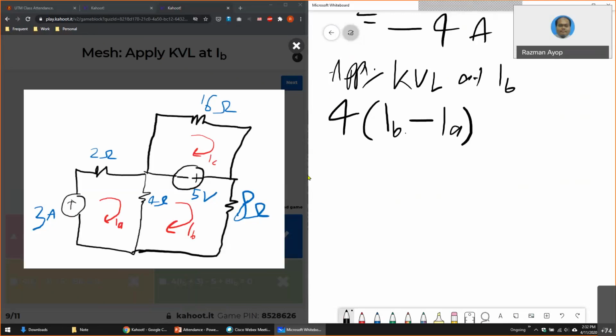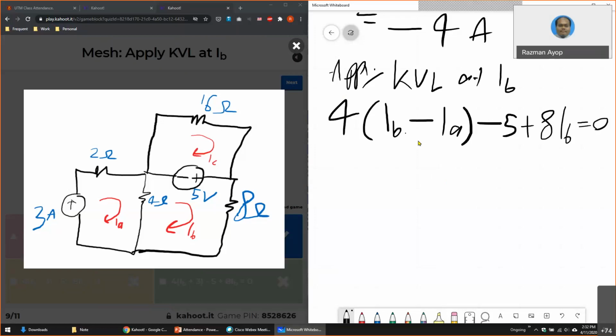Then for the voltage source, because IB meets the negative side first, it is negative 5. For nodal, you have to invert the sign, but for mesh, you don't have to invert the sign. Then plus 8 IB. There is no opposite current, so it just equals 0.